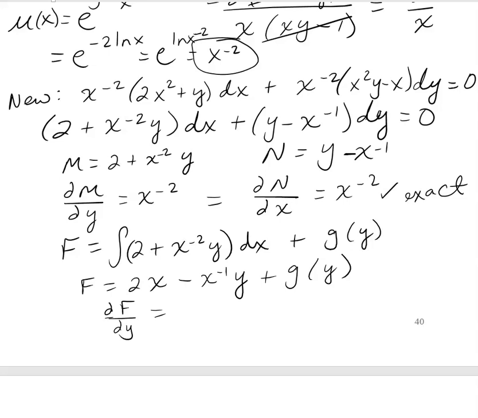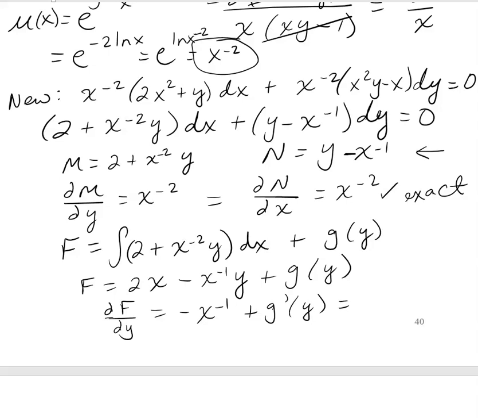So that's going to be the coefficient on the y, which is negative x to the negative first plus g prime of y. And we're going to set that equal to our N expression, which is, notice what N is, back up here, it's y minus x to the negative first. Remember, that term has to match what's here.